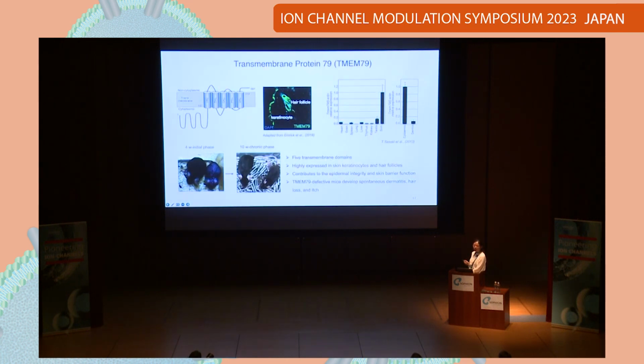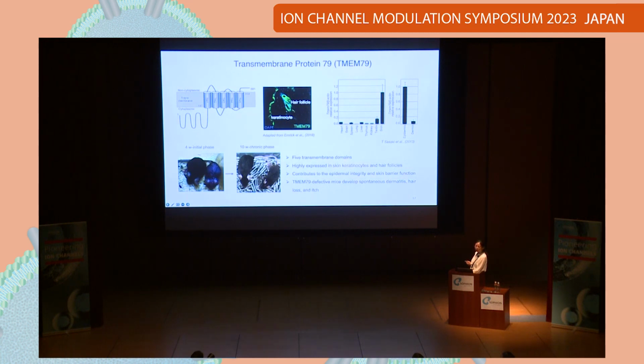TMEM79 is a less studied membrane protein with 5 transmembrane domains. Similar to TRPV3, it is also expressed in the skin keratinocytes and hair follicles and contributes to the epidermal integrity and skin barrier function.